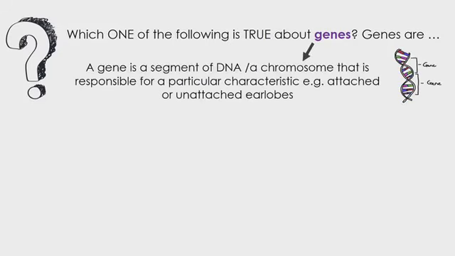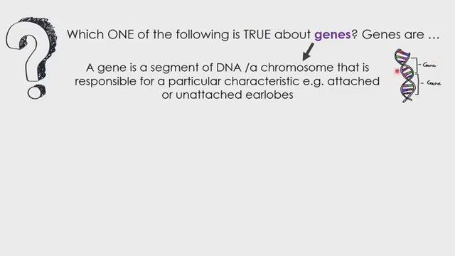A gene is a segment of DNA, or a segment of a chromosome, that is responsible for a particular characteristic. In here we've got an example, like attached or unattached earlobes. The portion in the image on the side is an example of a gene.